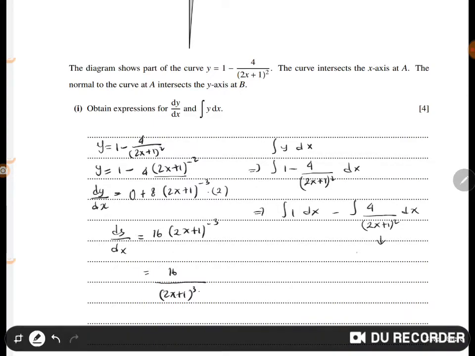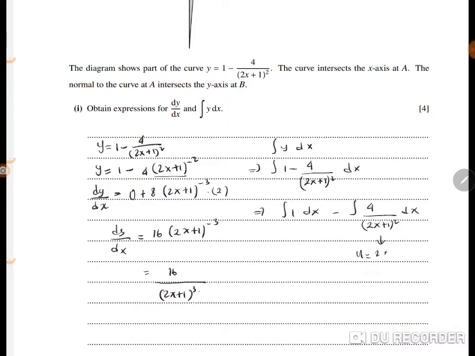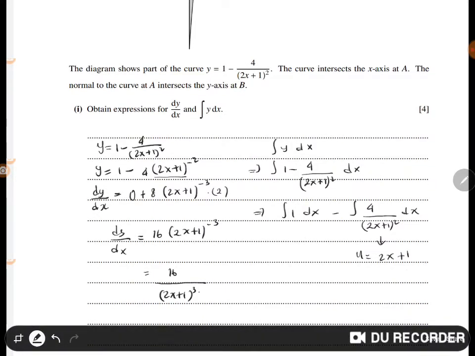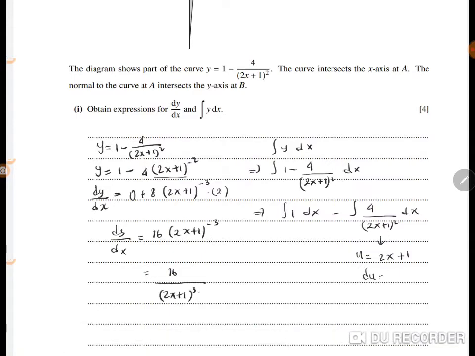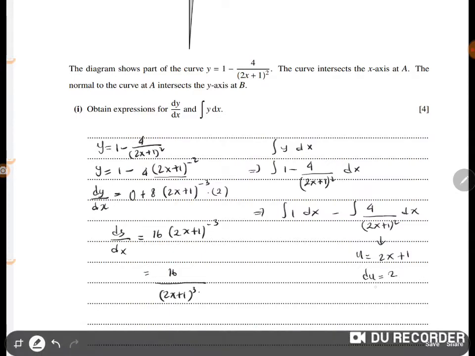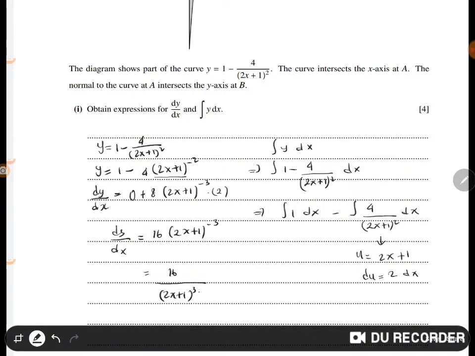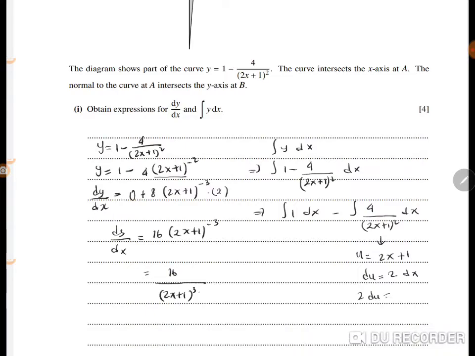Let u equals 2x plus 1, then du equals 2 dx, so 2 du equals 4 dx.